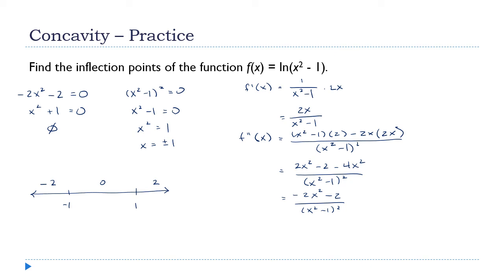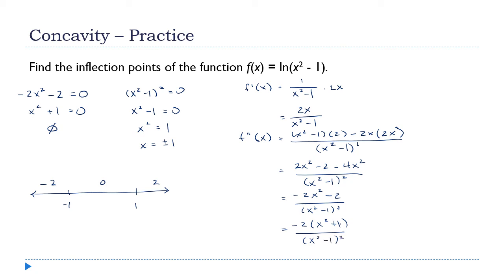And okay, let's do something here. I got to see what the sign of the second derivative is at those points. But let's do something. I'm going to come back here. I'm going to factor a minus 2 out of the numerator. This becomes minus 2 times x squared plus 1 over x squared minus 1 squared.